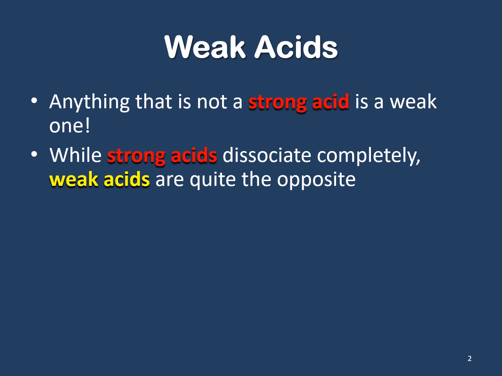Instead of ionizing 100%, in other words, if I had 100 weak acids, maybe 5 of them ionize. So usually we're looking at like a 5% or less ionization of the substance, right? So only about 5 out of 100 weak acids will actually break into ions. This is really the difference between a weak acid and a strong one.